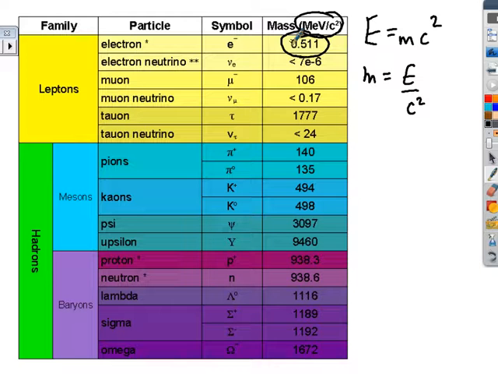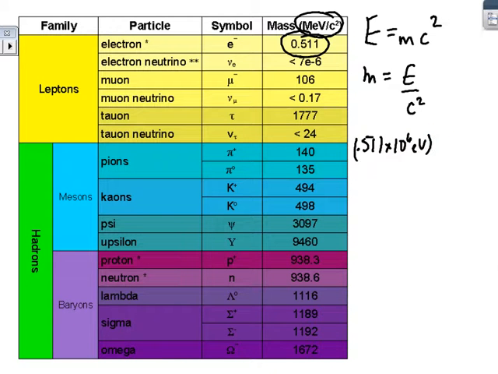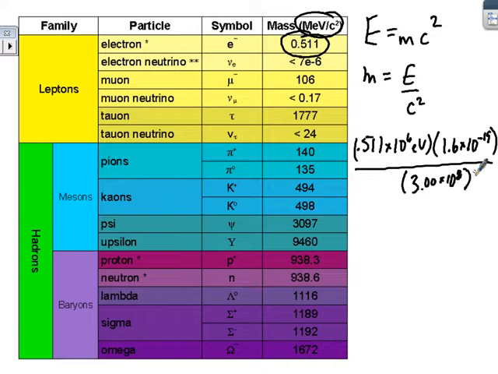I can get kilograms from that if I want. I take my mass of the electron in terms of that energy. That's 10 to the 6 electron volts. I can determine how much that is in joules, so 1.6 times 10 to the negative 19. And then I can divide by c squared, 3.00 times 10 to the 8 meters per second, and that's squared.